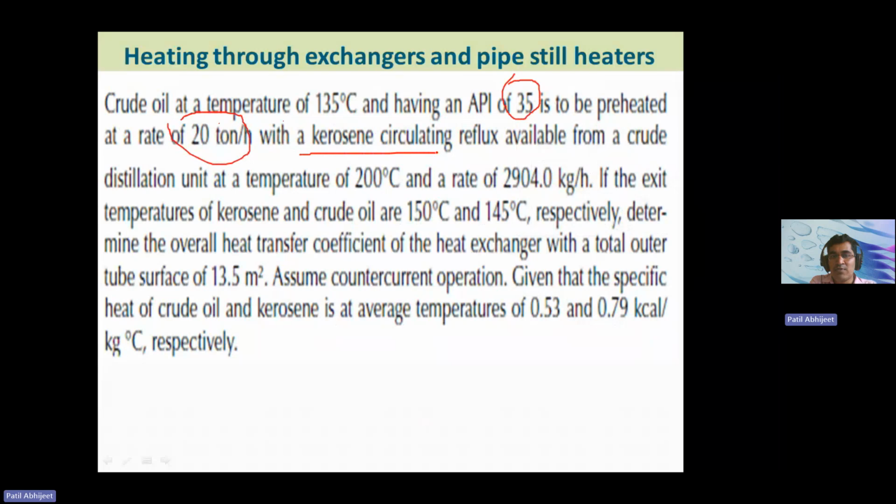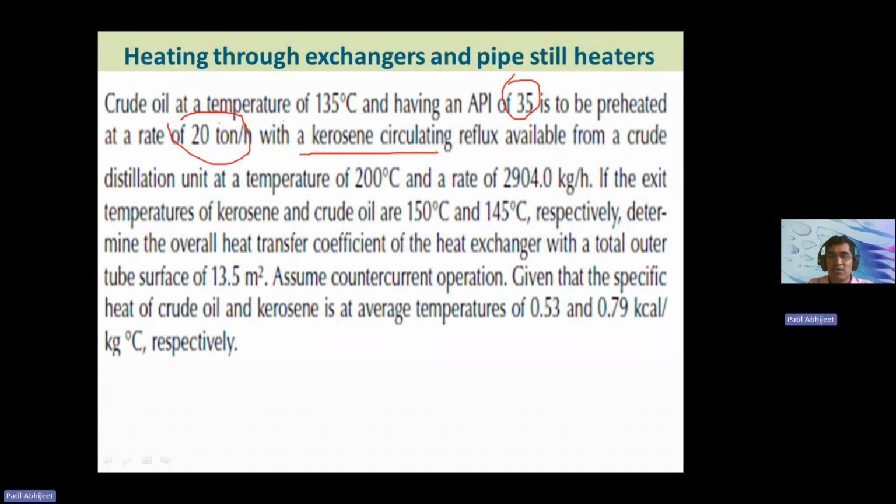So in this unit we have to heat the crude oil using the hot fluid, that is the kerosene, which is available at 200 degrees Celsius at the rate of 2904 kg per hour. This is m dot h, the mass flow rate of the hot fluid, and the mass flow rate of the cold fluid is 20 tons per hour.